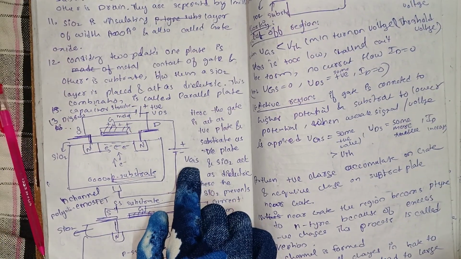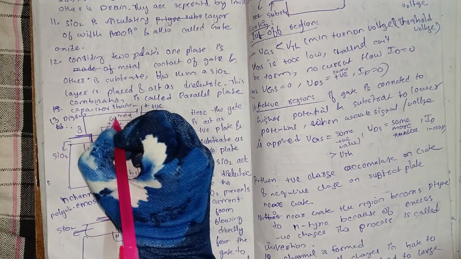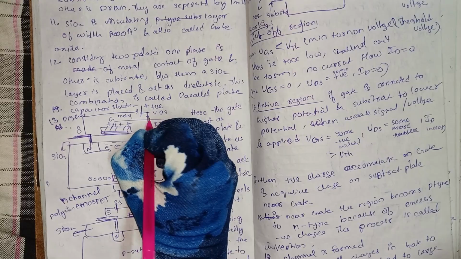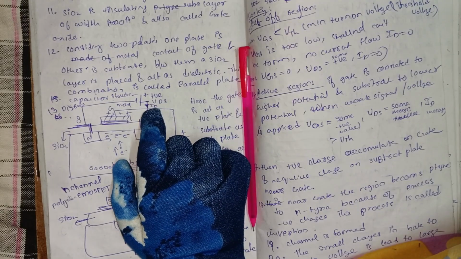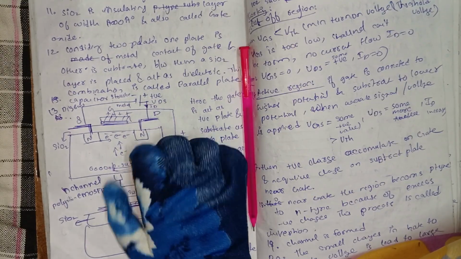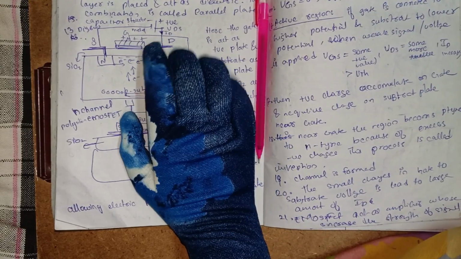Here is the VGS voltage, ID current will be here. Okay, from current direction, drain current, and VDS voltage is here. Here the VGS and VDS are both positive.